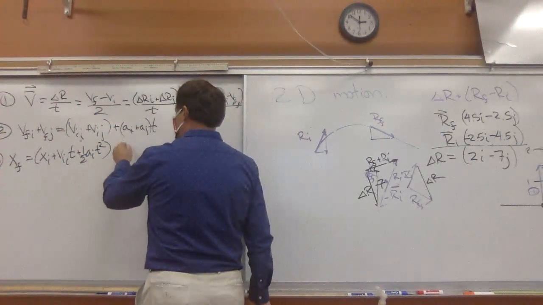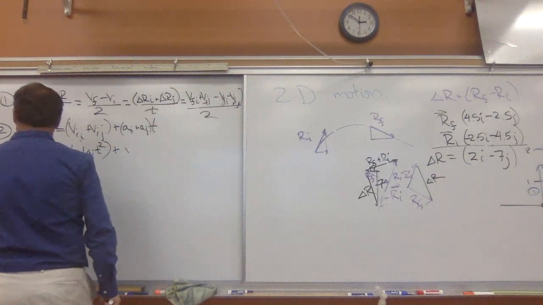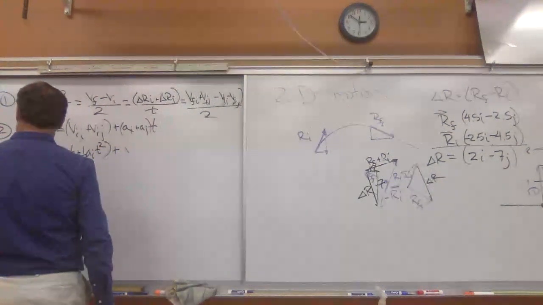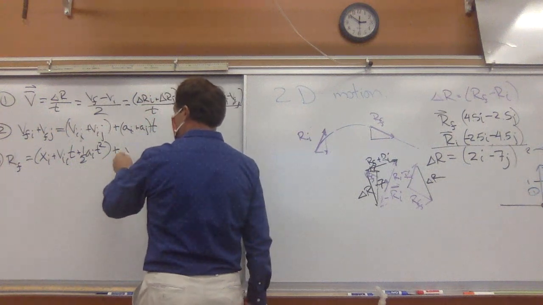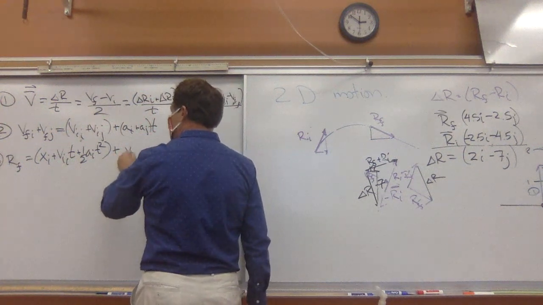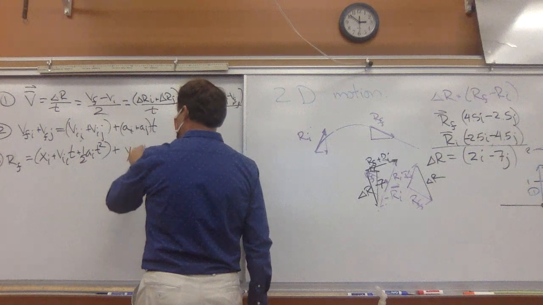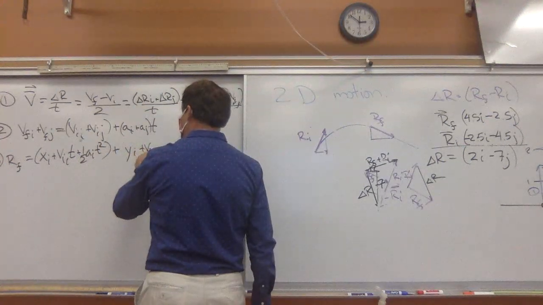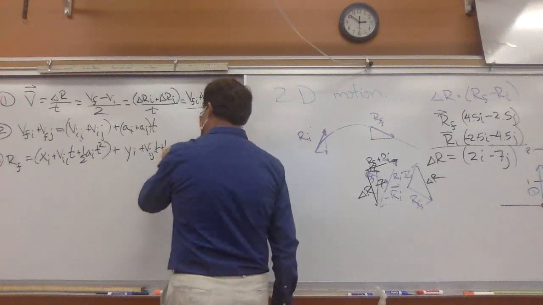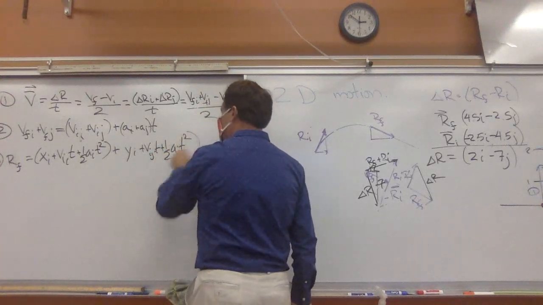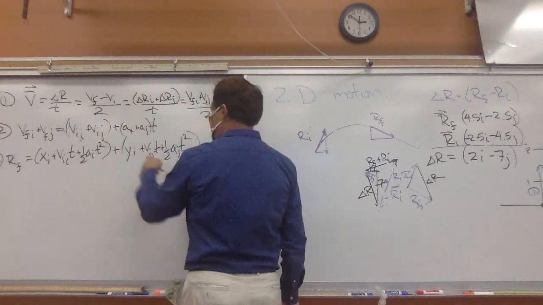Sorry, we're going to say R final, and that is going to equal y initial plus V initial J times t plus 1/2 A J t squared, okay?